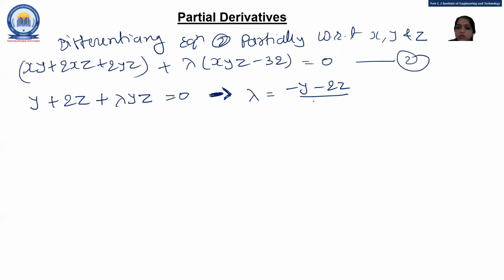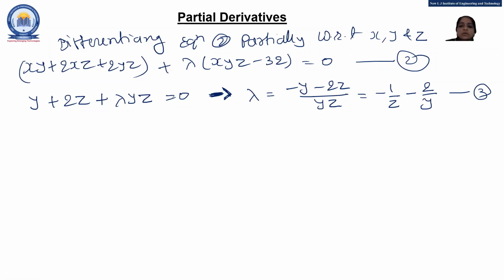After dividing it individually, minus y upon yz, so y will be cancelled out. That is minus 1 upon z. And z will also be cancelled out, so minus 2 upon y. So this is my equation 3. So this is the value of the lambda.